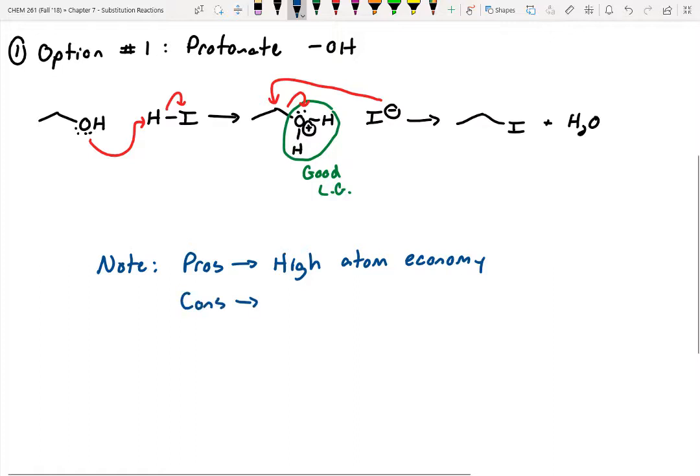The problem with this reaction is hydroiodic acid is a super powerful acid. If you have other acid-base sensitive functional groups on there, it could do other chemistry that you might not want, right? So cons, can do other acid-base chemistry.